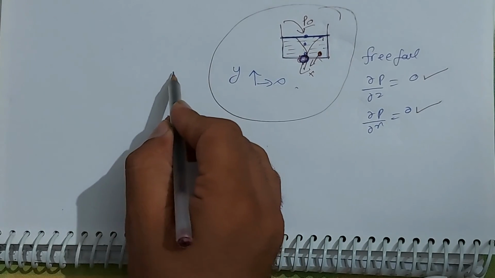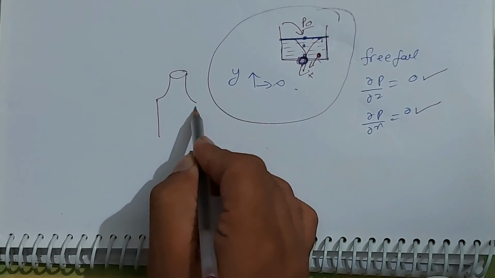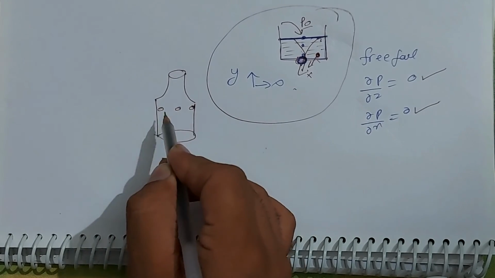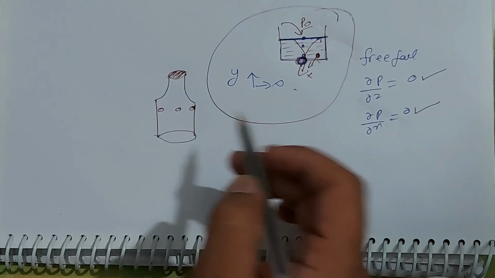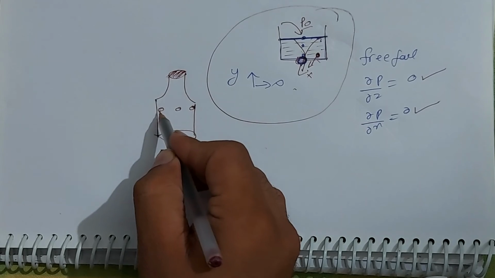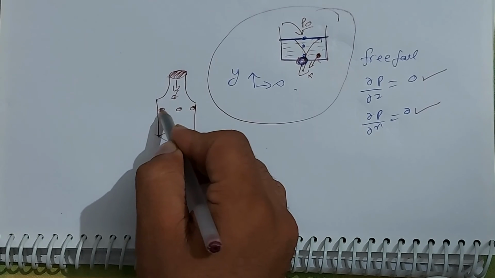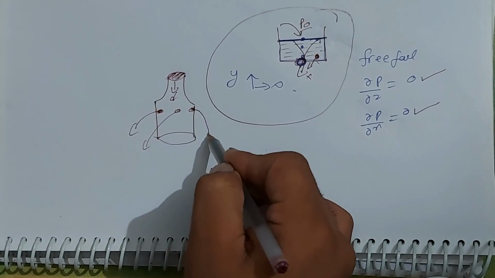So suppose you have a bottle, like a water bottle, and you made some holes and you are making it free fall. Initially when you are holding it, the water above will apply pressure and the fluid will drain out from these holes.